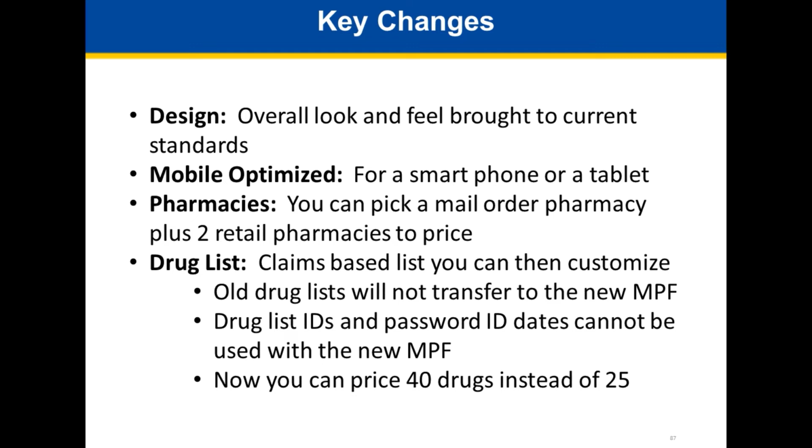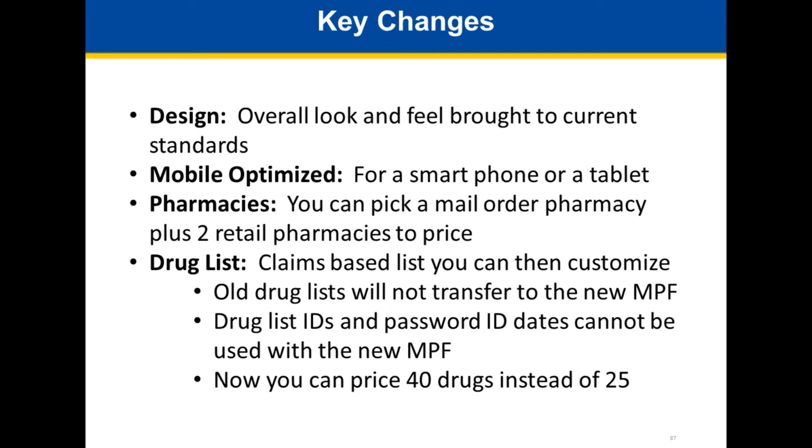So to summarize the key changes, the look and feel is cleaner and easier to read. The site is optimized for mobile devices. You can now price a mail order pharmacy plus 2 retail pharmacies at the same time. Drug lists are suggested based on your prescription drug claims over the last 12 months.